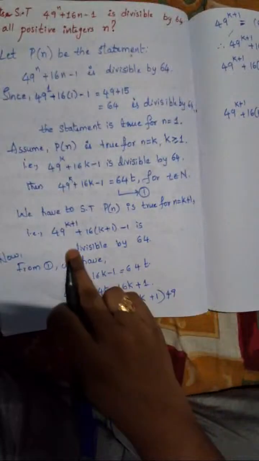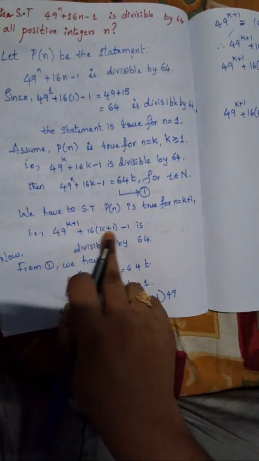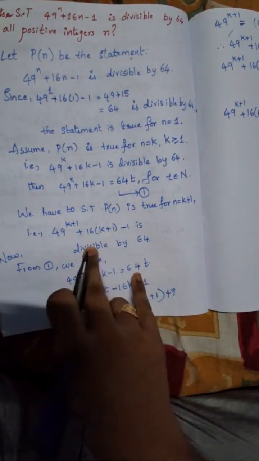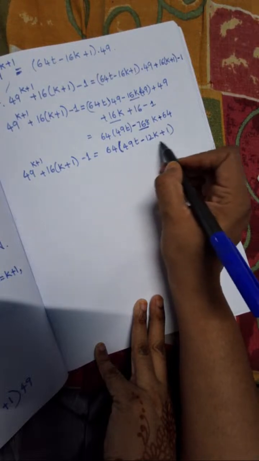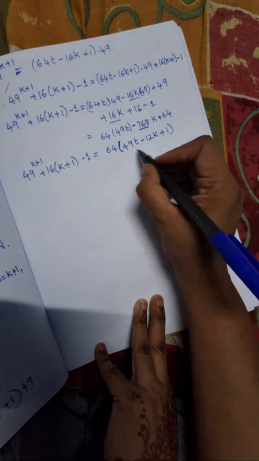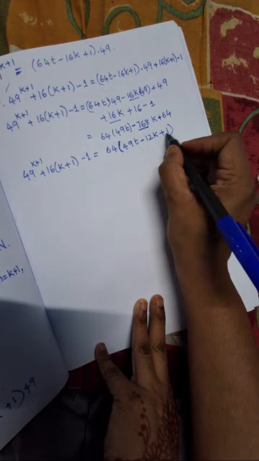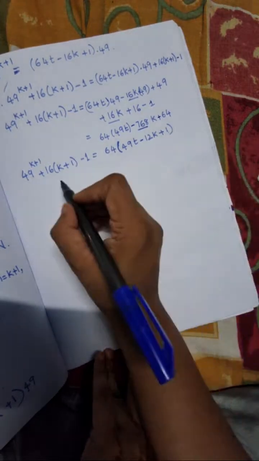What do we have to prove here? 49 power k plus 1 plus 16 into k plus 1 minus 1 is divisible by 64. Yes, it is divisible by 64, since 49t minus 12k plus 1 is an integer.